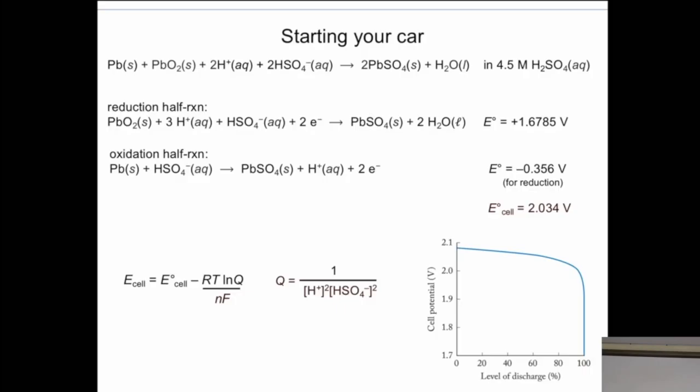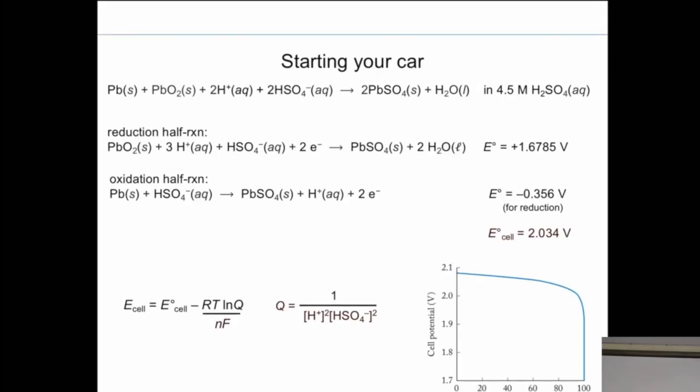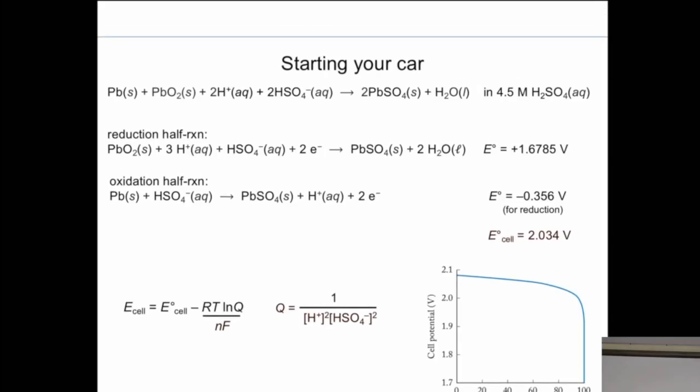Your car doesn't almost start. It either starts or it doesn't start. And that's when your battery is depleted. And you can see that same drop off here. Now, these equations are very complicated, but it's the same principle that we've been doing the whole semester long. So let's take a little look at your car battery.